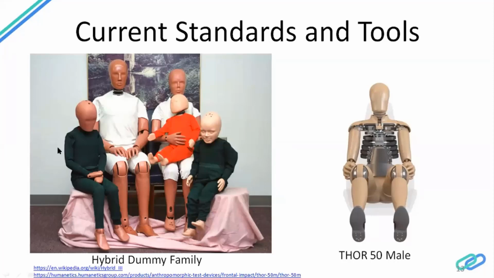What you see here are the dummies. This one here, the big one, is a Hybrid III 50th percentile dummy. Now, it's a male dummy. There is a little bit of statistics involved here. So for the male population, you take a region, for example, the United States.